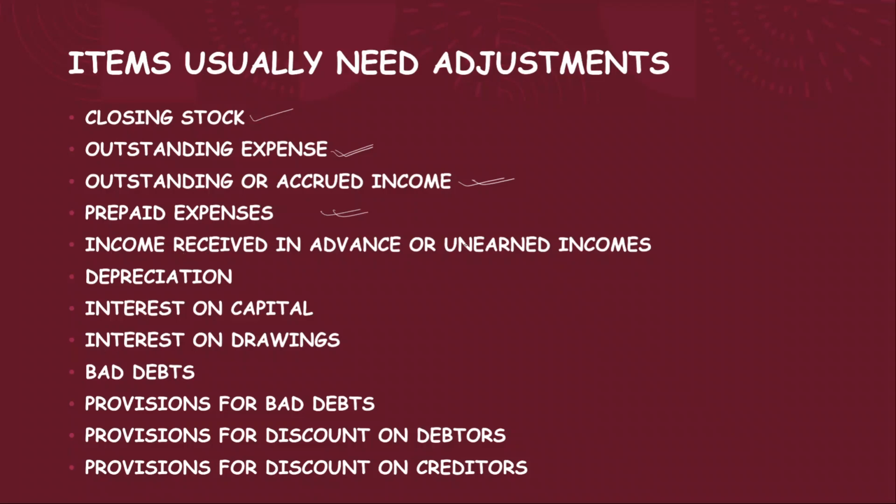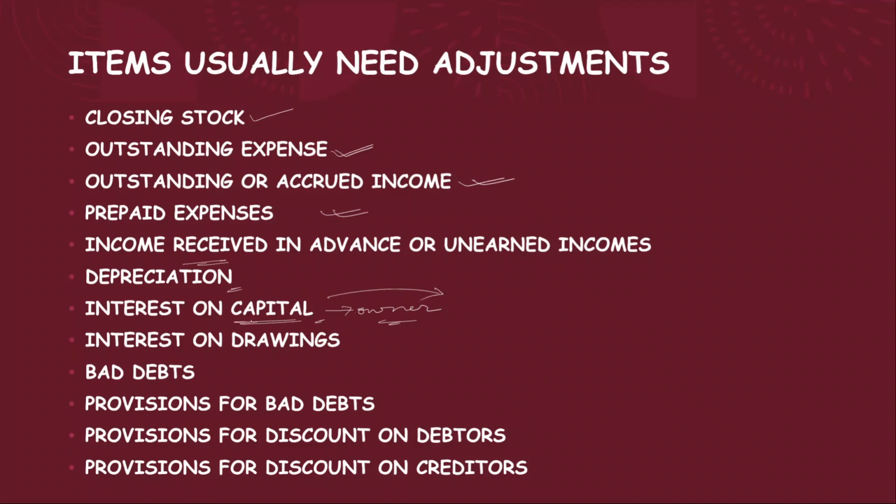Income received in advance or unearned income, like I said, the rent received in advance, will come under this category. Depreciation you charge at the end of the year. Interest on capital: why are you paying interest on capital? Capital doesn't belong to the company, it is the owner's capital which the company is holding, and we are paying some interest on the owner's money.